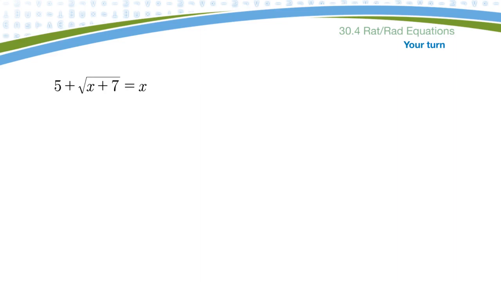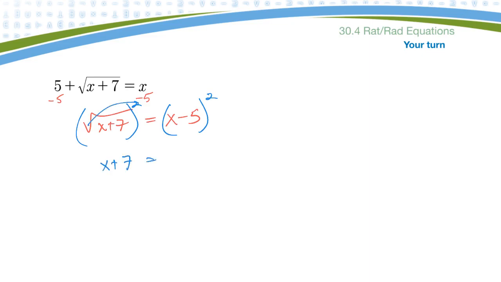All right, first thing I would isolate the radical, so subtract 5 on both sides: x take away 5. Then I'll use the power principle, square both sides. I'll have x plus 7 is equal to, when I FOIL that, x squared minus 10x plus 25.